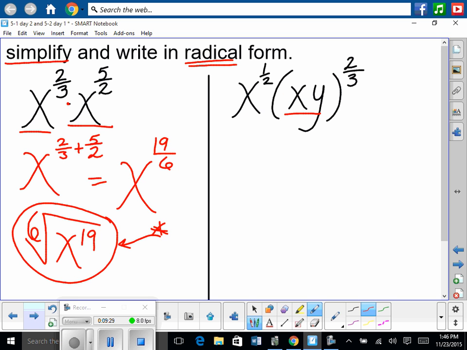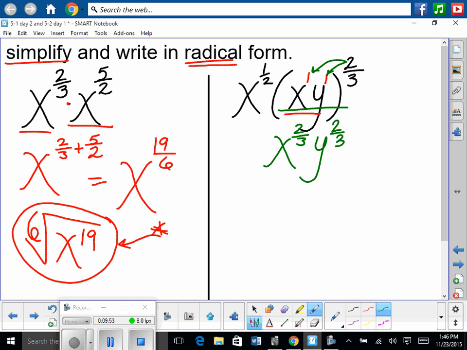Yes, and isn't this a power 1 and a power 1? All right, so we're going to take 2/3 and distribute it through. We're raising a power to a power, so we multiply. So right here we have x to the 1 times 2/3, y to the 1 times 2/3. So does everybody see how I just rewrote this?